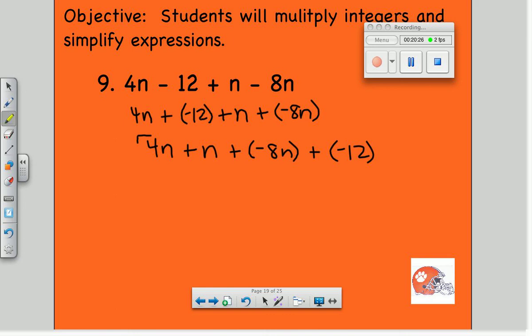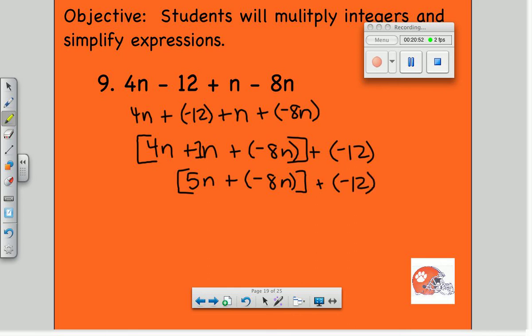I have all of my n's together. So let's combine like terms. Put my 1 here for the identity property of multiplication. 4 plus 1 is 5. 5n plus negative 8n. Plus negative 12 over here.